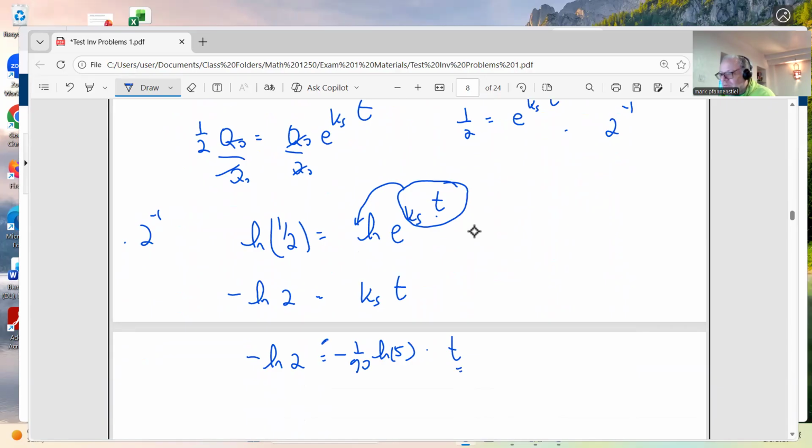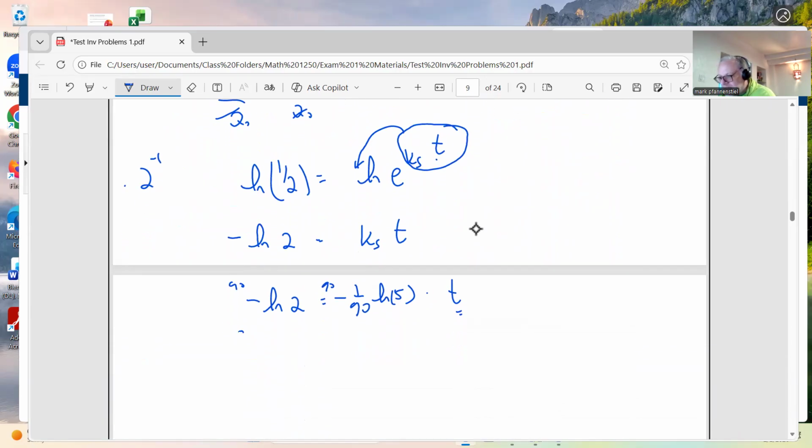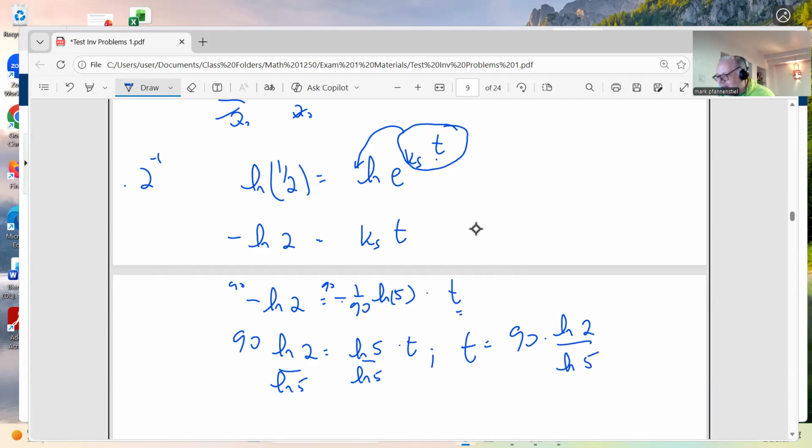Go ahead and multiply both sides by negative 90. So we have 90 natural log of 2 is equal to the natural log of 5 times t. Go ahead and divide by the natural log of 5, and we are going to get that t equals 90 times the natural log of 2 divided by the natural log of 5, and that is going to be our answer for the half-life.